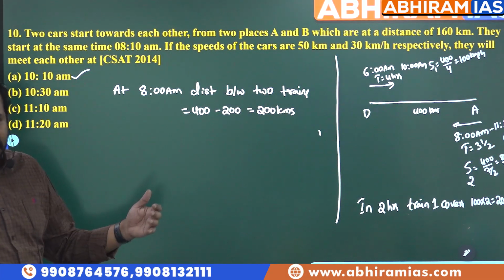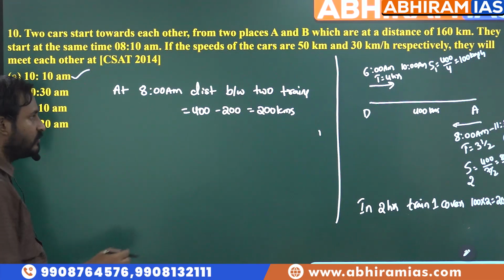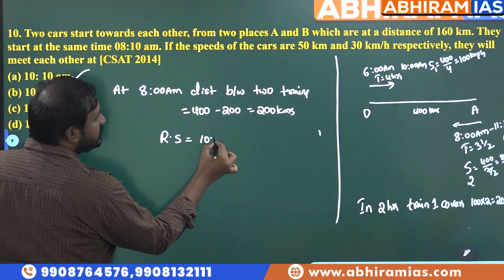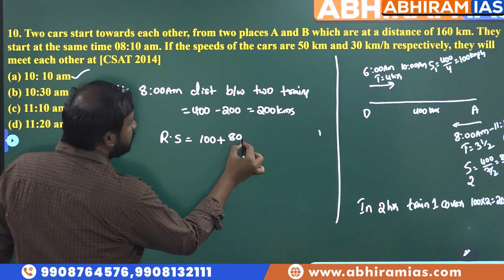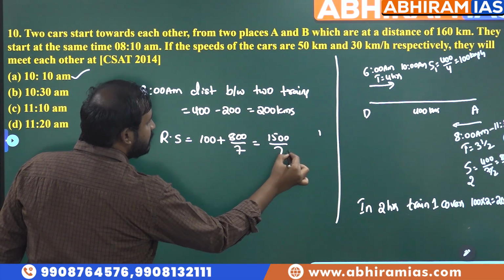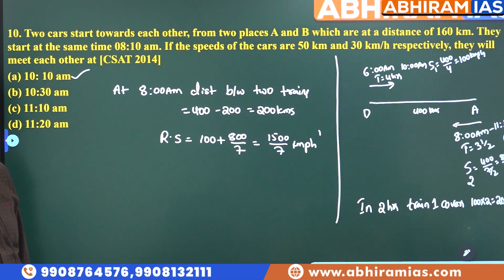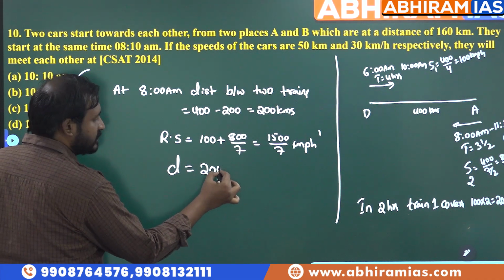Now both the trains are moving. So the relative speed between the two trains will become 100 plus 800 by 7. So 1500 by 7 kilometers per hour is the relative speed. The distance between them is 200 kilometers.